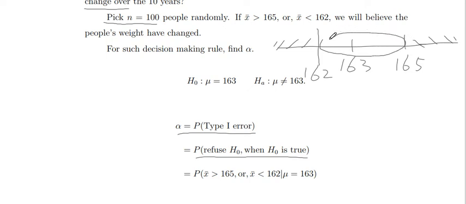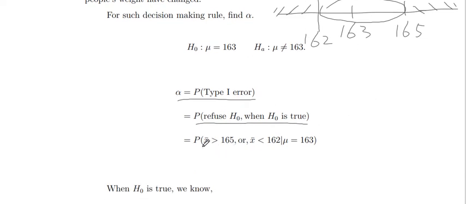We say no difference. On the other side there is a difference, so on the other side we will refuse. So refuse H0 means x bar larger than 165 or x bar less than 162, right? In this case we will refuse H0. When H0 is true, mu equals 163. So we want to find this probability.